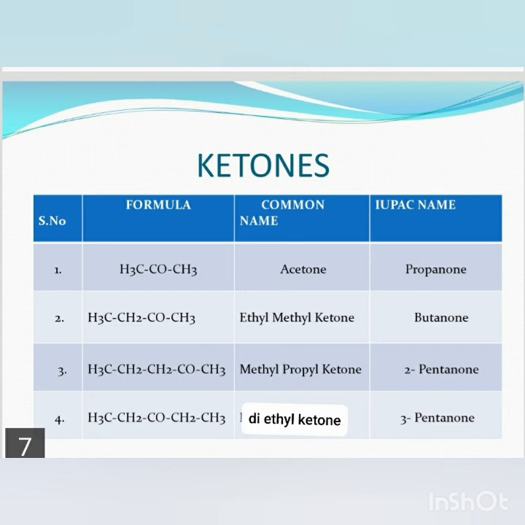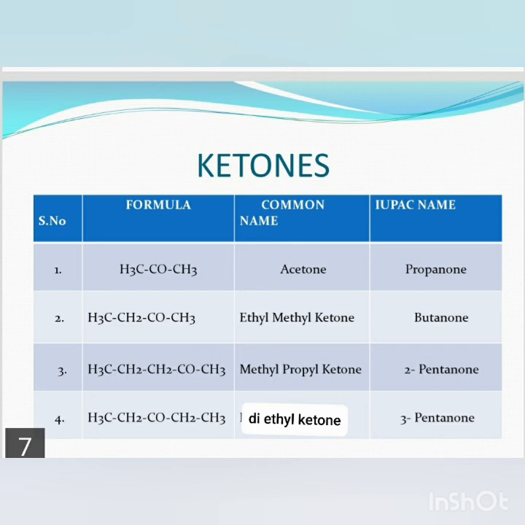CH3 CH2 C double bond O CH2 CH3. In this we have a total of 5 carbons. So we can give the number from the right side or the left side. Why? Because whichever side we number from, the carbonyl group comes at the third position. So that's why the name of the compound is 3-pentanone.